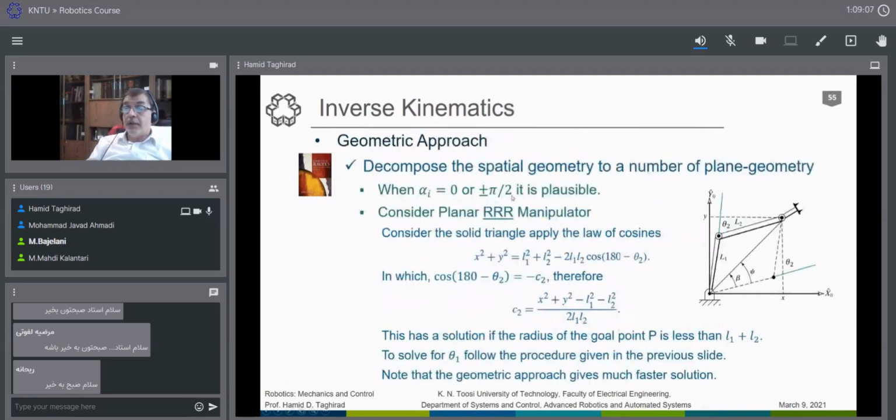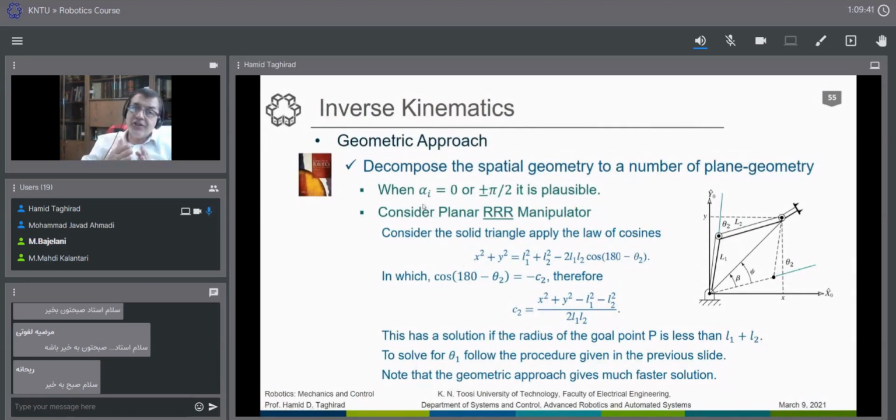This is another thing. It says that you decompose the spatial geometry into a number of plane geometries, and then use this plane geometry or geometric analytical approach. This is usually used to have that.